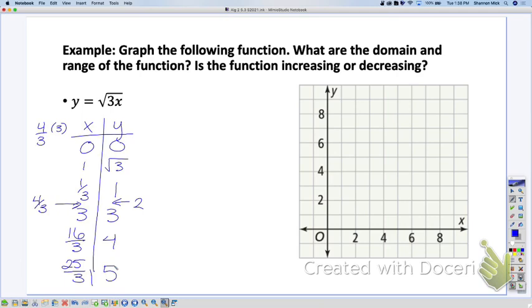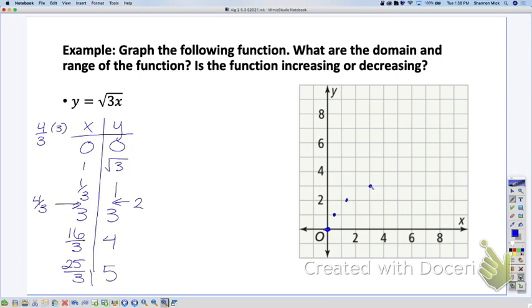Okay, so 0, 0. 1/3, 1. Close enough to a third? And then 4/3 is 1 and a third, correct? So 1 and a third, that was 2. And then 3 was 3.